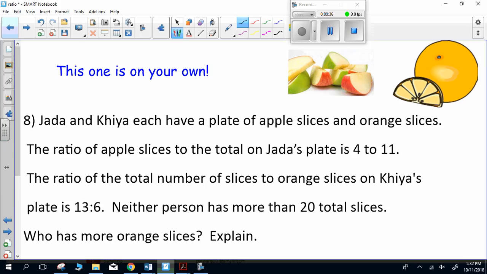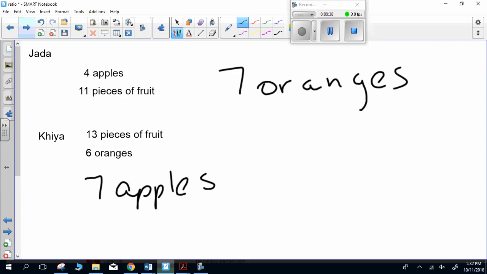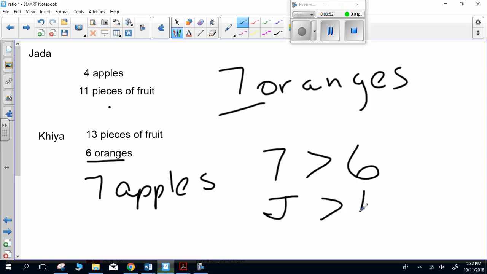So the question was asking us, who has more orange slices? Jada has 7, because 11 minus 4 is 7, and Kaya has 6, so Jada with 7 has more than Kaya with 6. So J is greater than K.